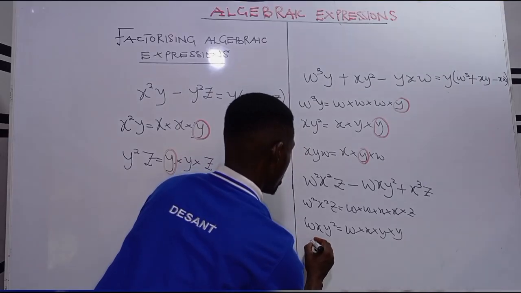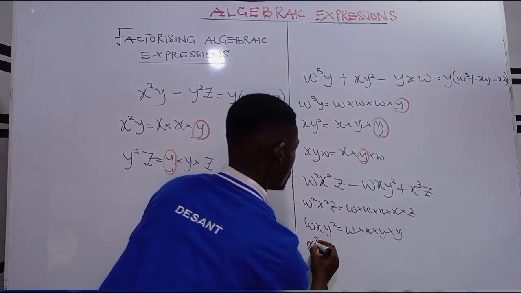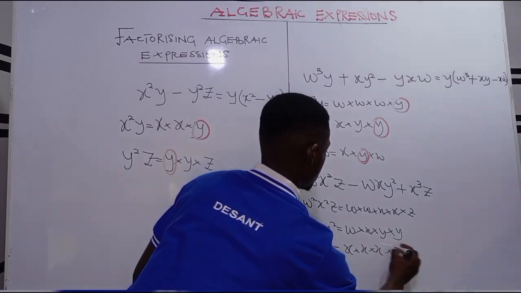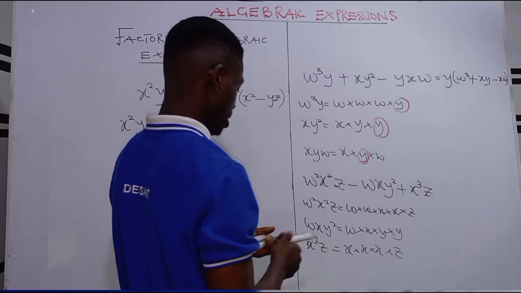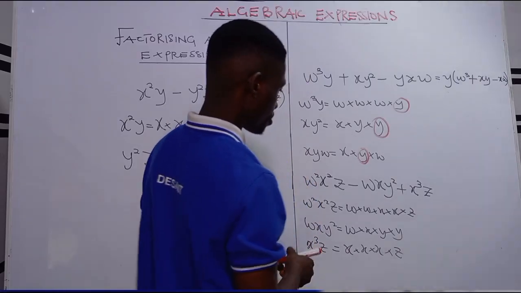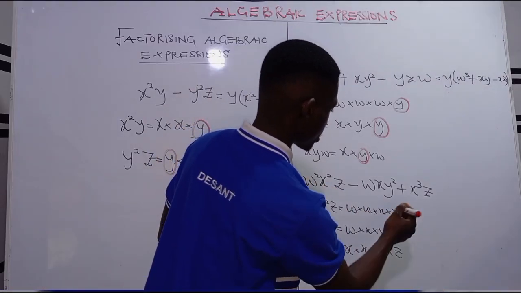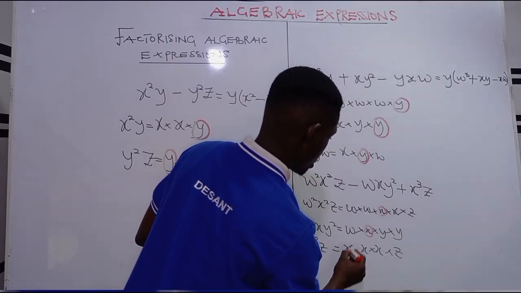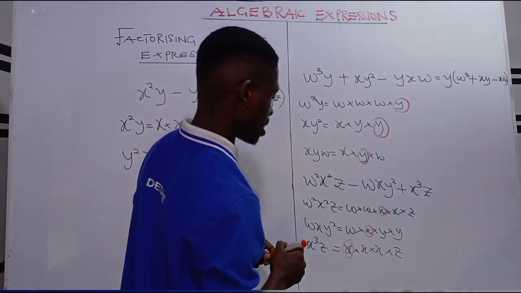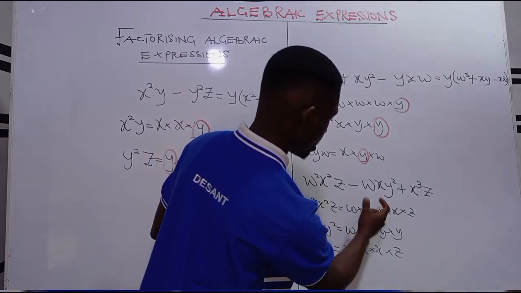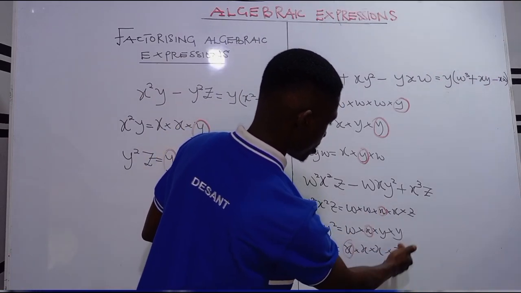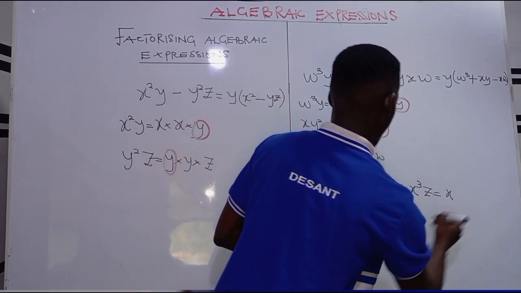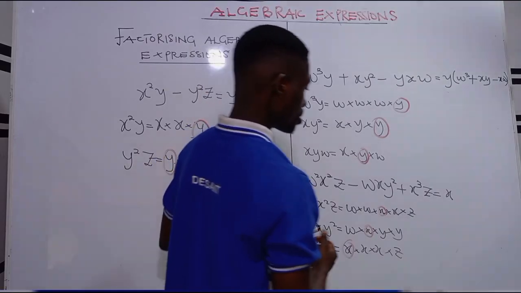And the last term, x cubed z, we have x times x times x times z. So the common factor: we have x here, x here, and x here. So the common factor is x. We don't have any additional common factor. So we have x as our common factor.